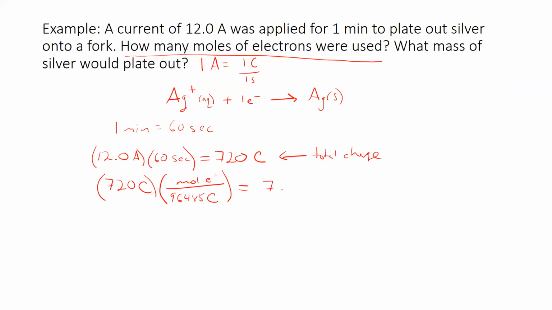So, 7.46 times 10 to the minus third moles of electrons. And then from that, knowing the mole ratio, that 1 mole of electrons will give us 1 mole of silver solid, right? So that's our mole ratio.